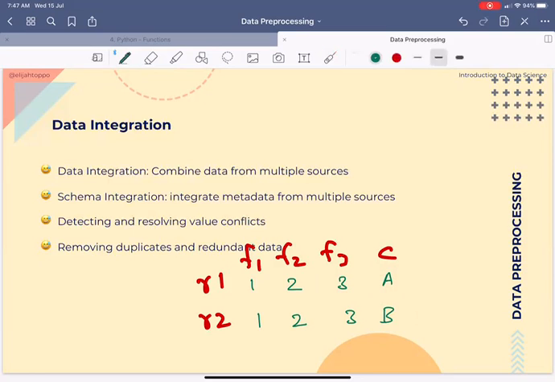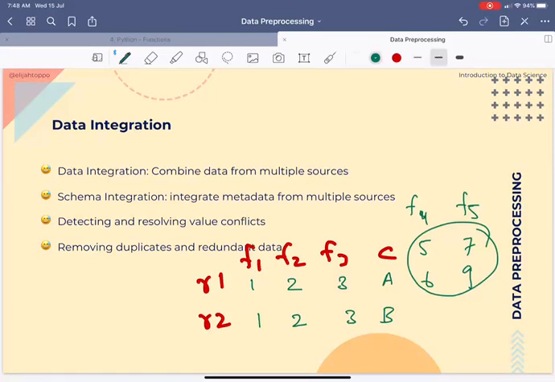Maybe in the original scenario, we have more features like F4 or F5, which may have different values, but we do not have eyes to see that because we don't have it in our data. This is missing for us, and if we look at this data, we would see a conflict.